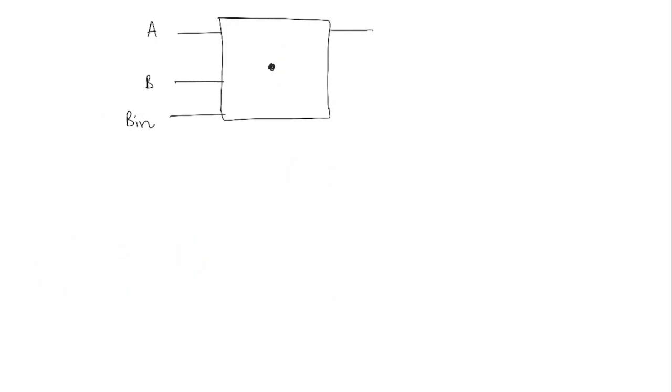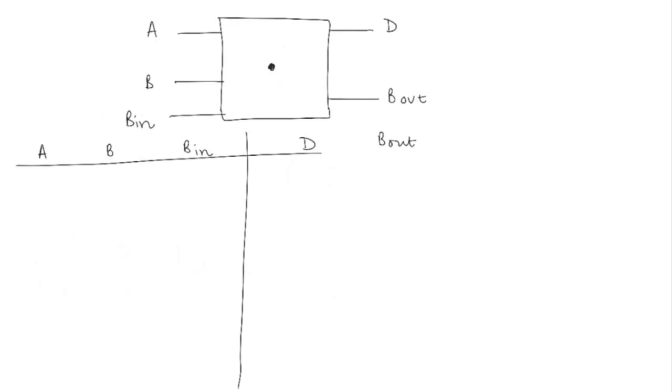And at the output, we have difference and we have a B out. Okay, a borrow out. Now let's take a look. I think if you write the truth table, you'll understand what I'm talking about. So we say A, B, and B in. Those are our three inputs. And our outputs are D and B out, right? And we have 8 combinations. So let's just fill those in.